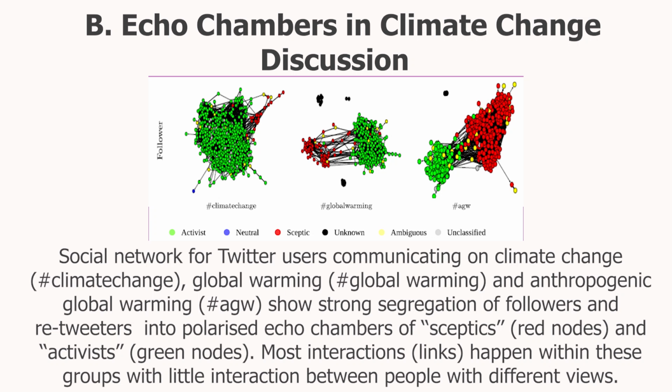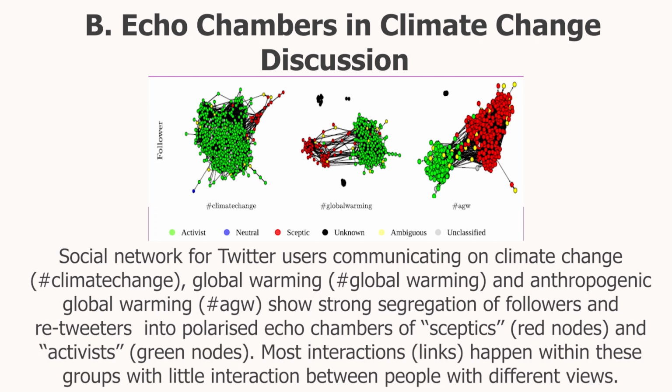You have 2 groups of people. One is the activist types, who are climate change activists, so they are believers, and then there are the climate change skeptics, let's call them the unbelievers. And what we find is that they not only do not agree with or link to each other, they also tend to use certain hashtags more than others.